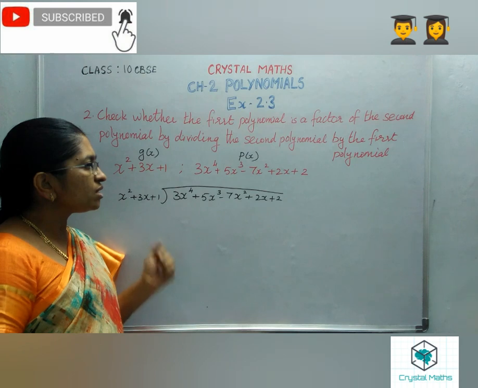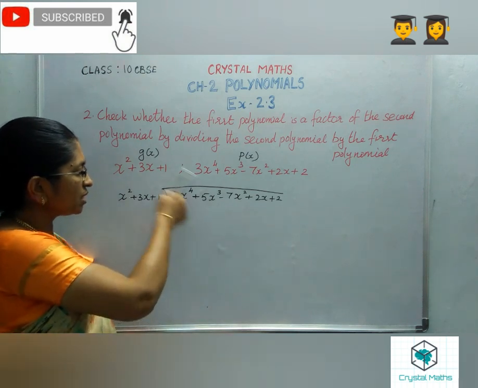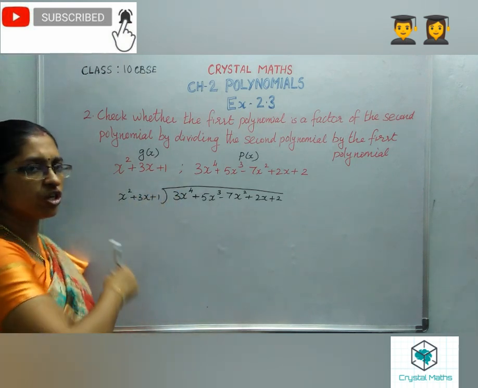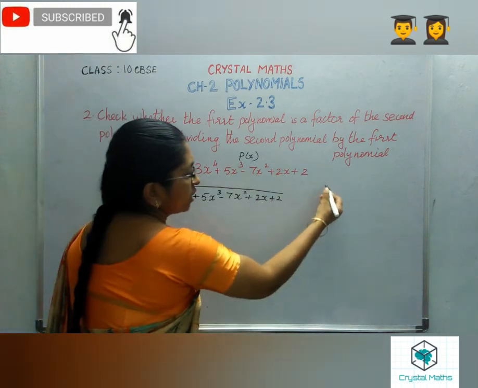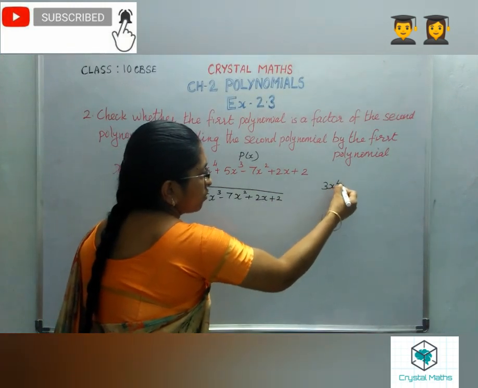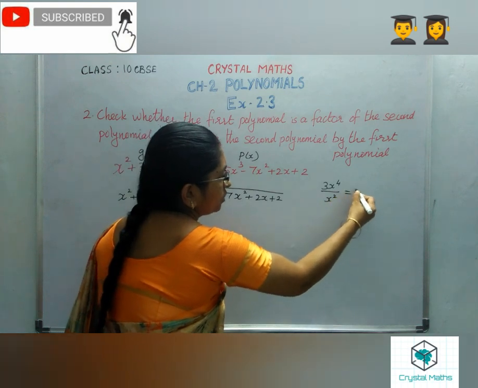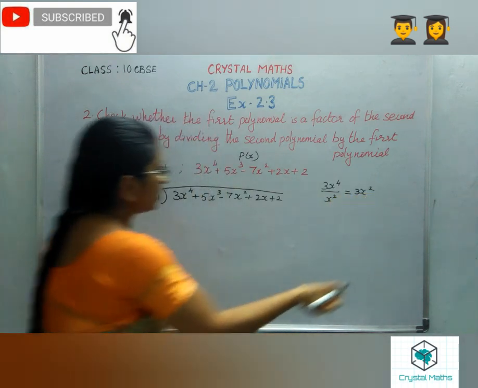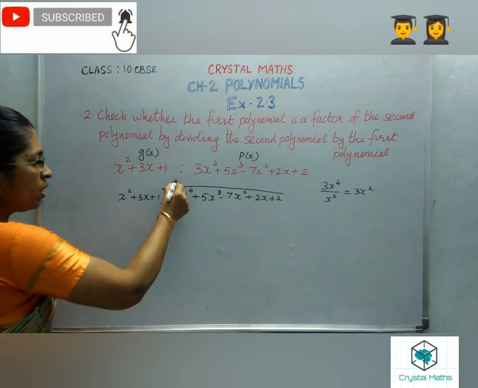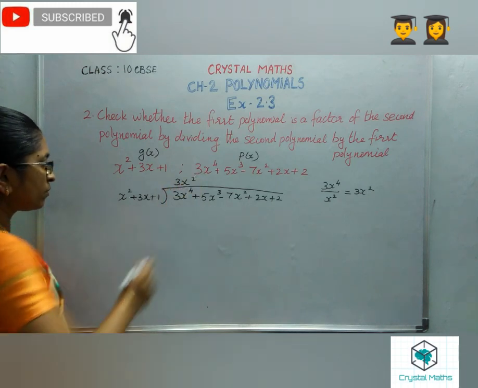The same usual procedure we can do. That is the first term of p of x by the first term of g of x. We will find it. That is 3x power 4 by x squared equal to 3x squared. Let us write that in quotient place.